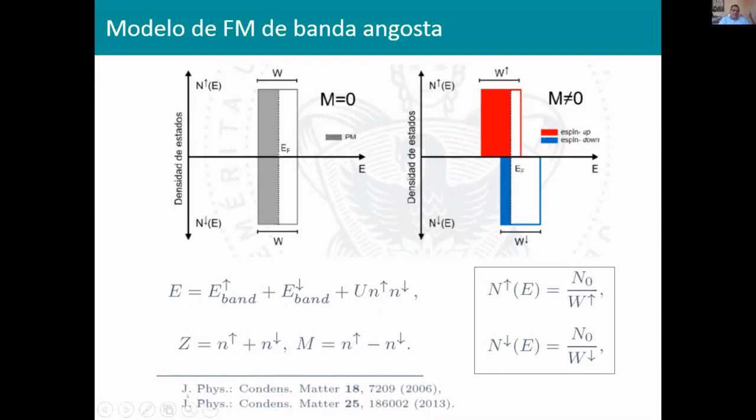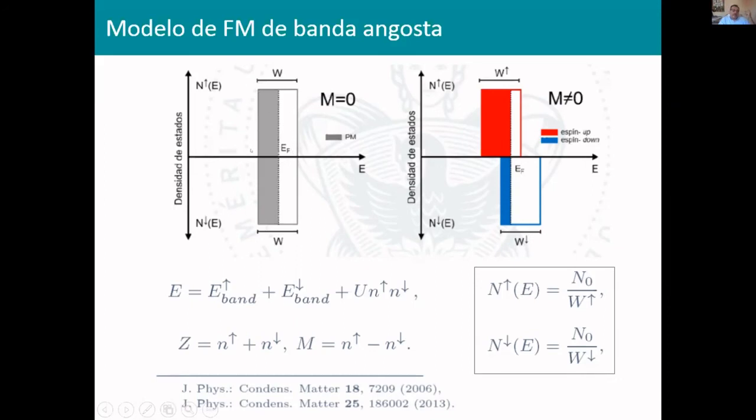This model is based on the ideas reported before by Michael Carneson and also Peter Mohn, and we adapt the model that they suggest to explain the magnetism in this kind of system to narrow band ferromagnetism.